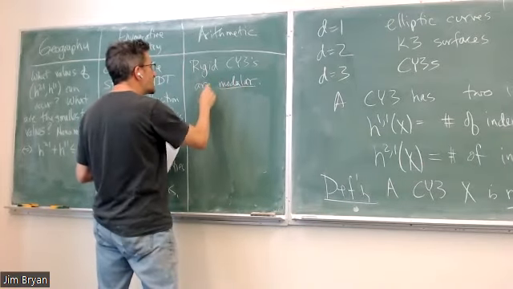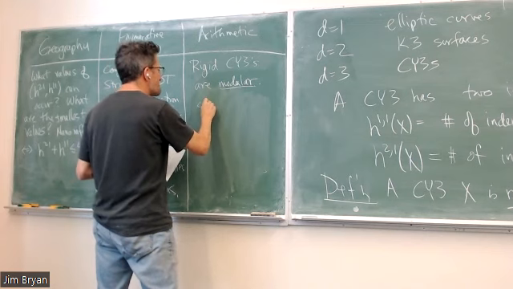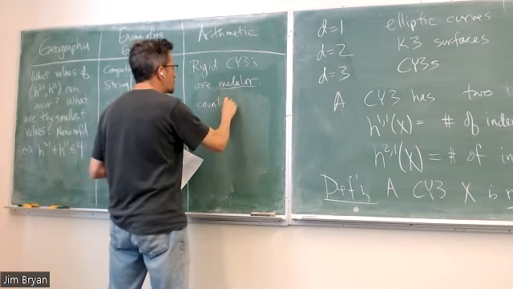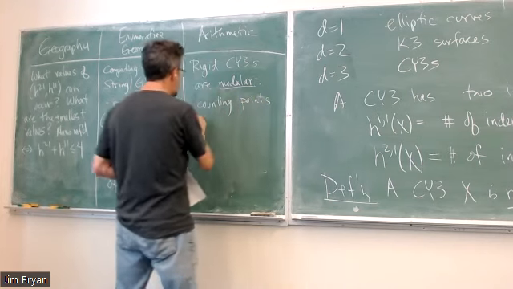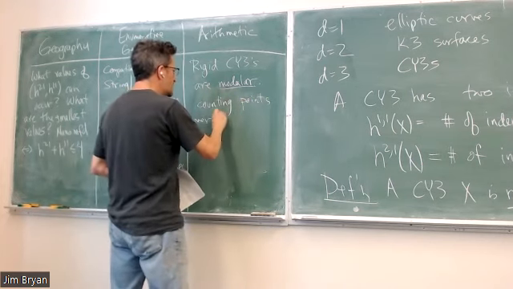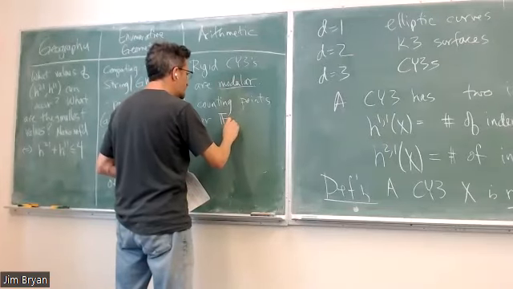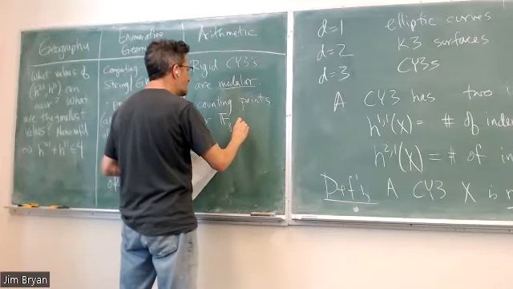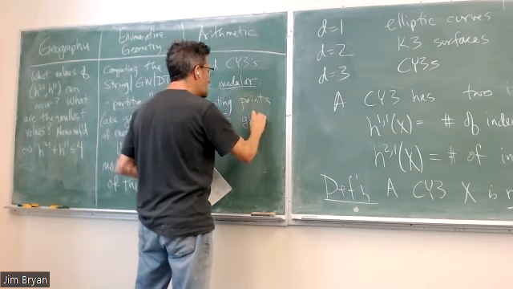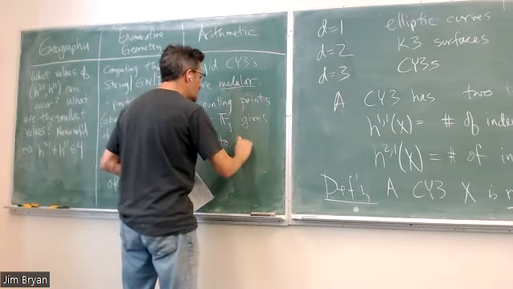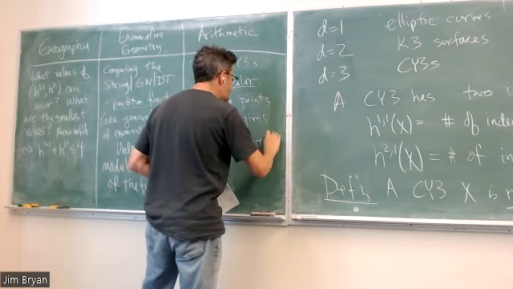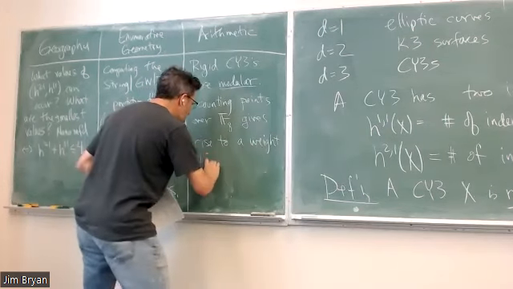So what that means is that one down-to-earth way to say this is that counting points over finite fields, F_q, gives rise to a weight 4 modular form.